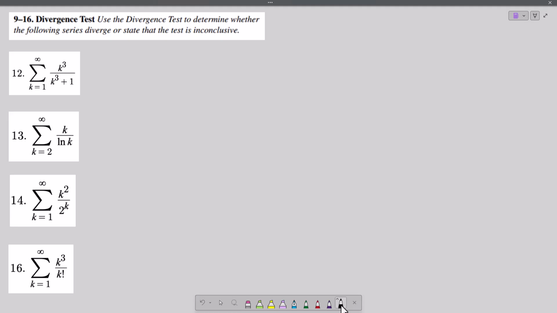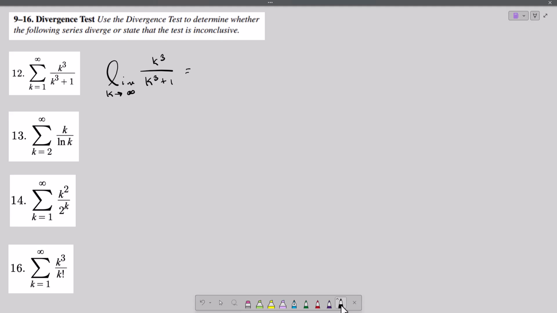So here we take the limit of a sub k, so the limit as k goes to infinity of a sub k. And what is the limit of this a sub k? What's the limit of that? 1, right? Powers of k match, so we take the quotient of leading coefficients.